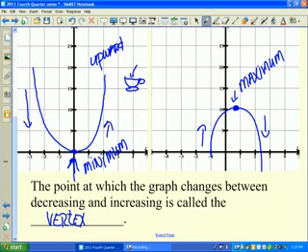And this other one, obviously the teacup is upside down this time. I can't put information in, instead it's pouring information out. So I would say that this one is downward. The opening is facing downward, whereas the other one, with the cup, is opening upward.